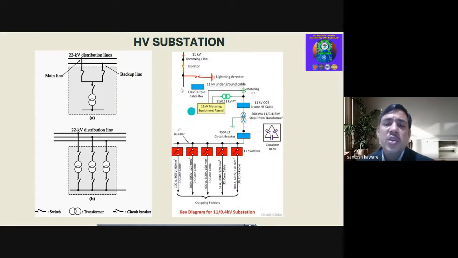We make it an automated substation. That is why we want these signals, so there will be a central control room, and from that central control room you can observe all the parameters of that station. You can operate any breaker, isolator and any switch remotely. So that's why these equipments are most important for this.